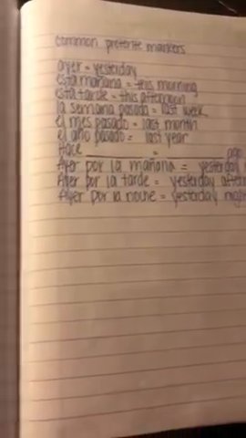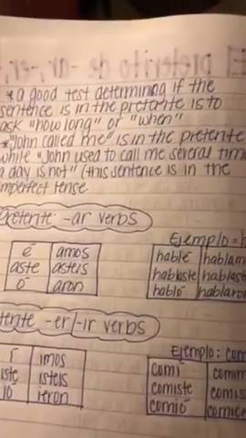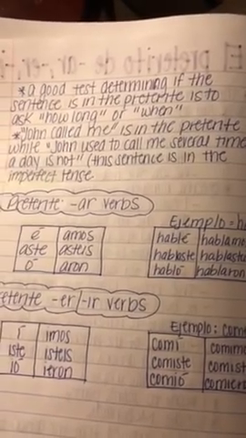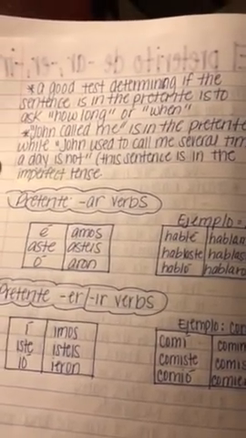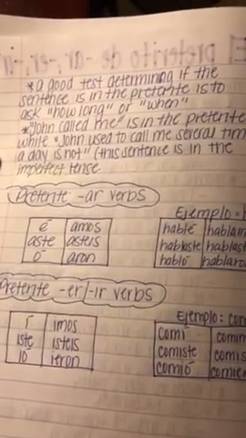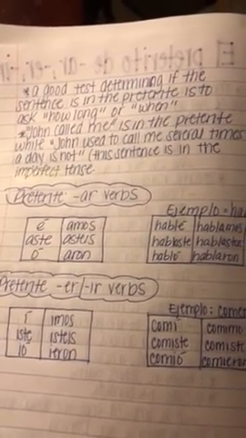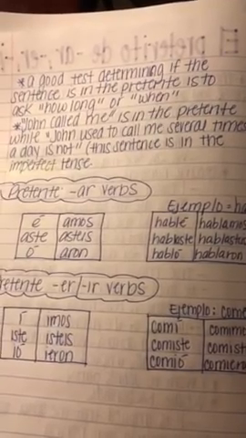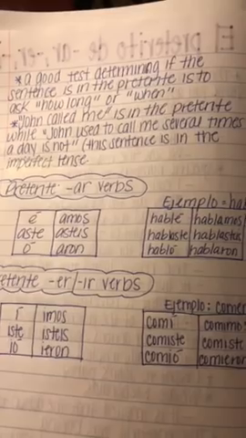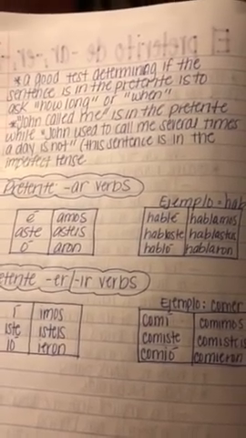Okay? So, I have a note for you up here before we move on. A good test of determining if the sentence is in the preterite is to ask for how long or when. If you can answer that question, then the sentence is preterite. If you look at 2 examples here, I wrote, John called me is in the preterite, while John used to call me several times a day is not.